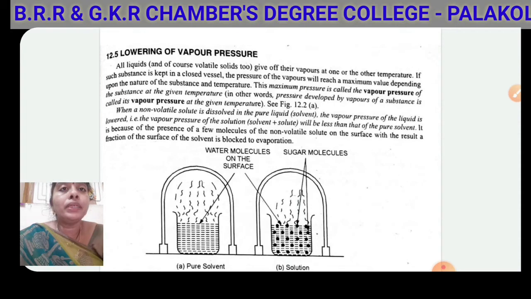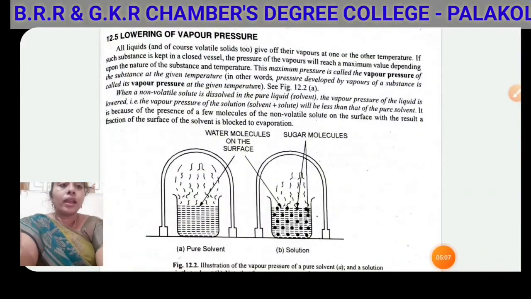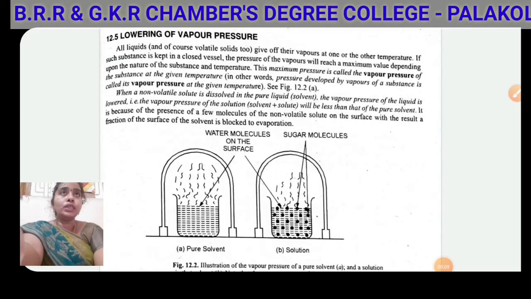The vapor pressure of the solution will be less than that of the pure solvent. It is because a few molecules of the non-volatile solute on the surface block a fraction of the surface of the solvent from evaporation.